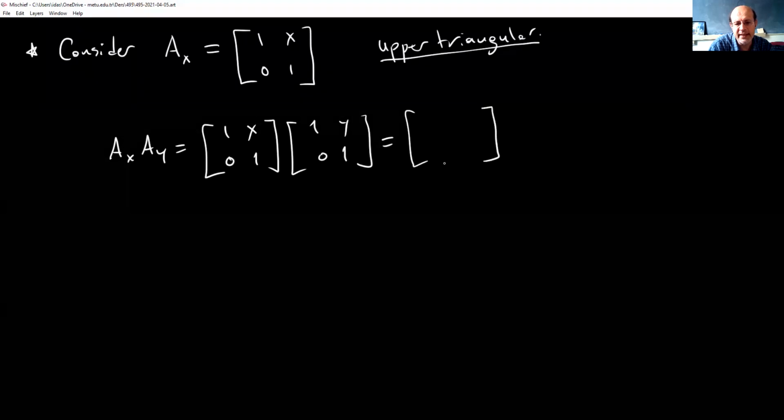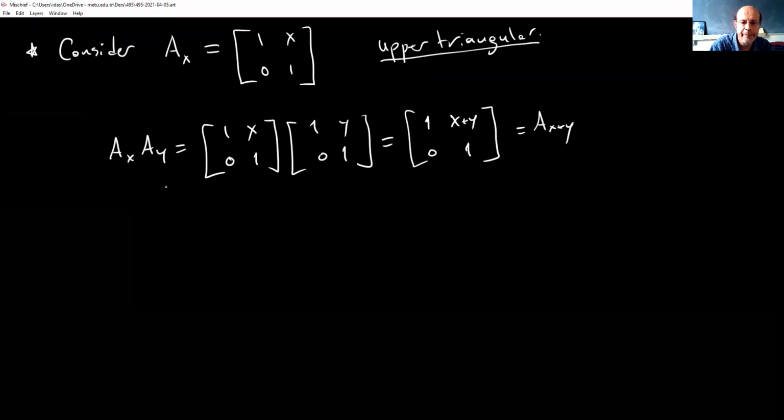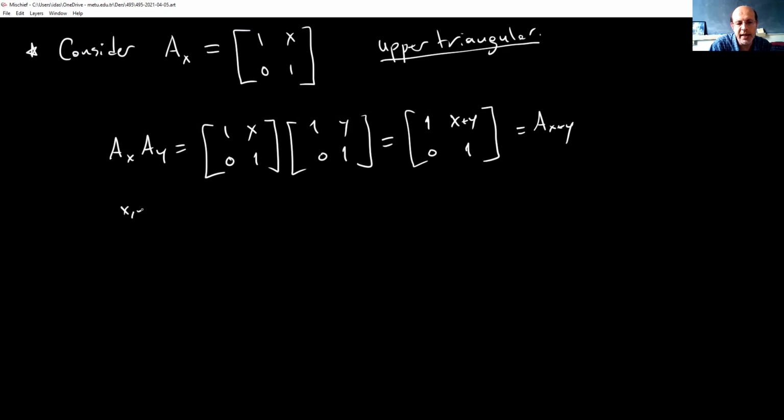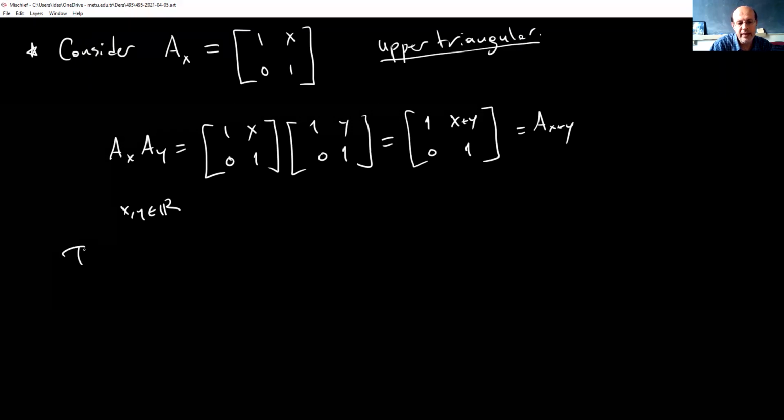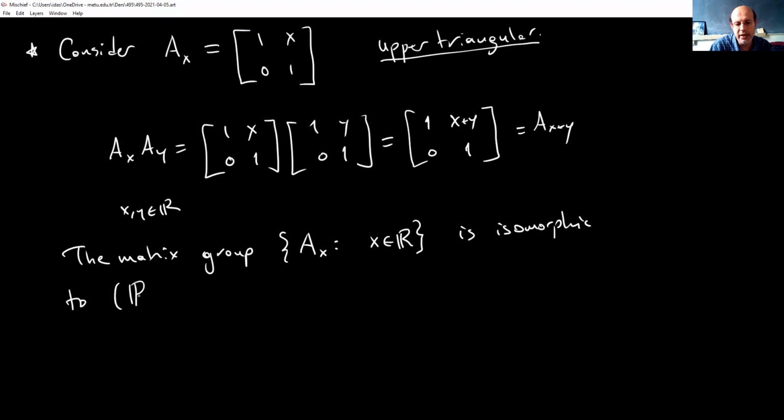You can easily see that this entry is X plus Y. And so as a result, this is A of X plus Y. So if I take X and Y as real numbers, the matrix group formed from these matrices AX for real numbers is isomorphic to the set of real numbers with addition as a group.